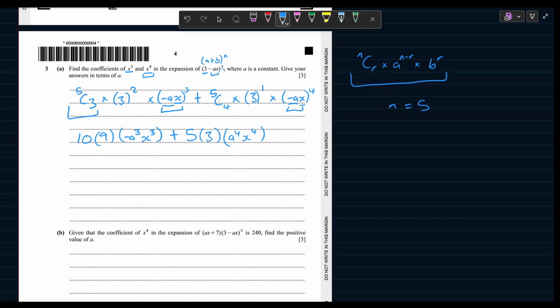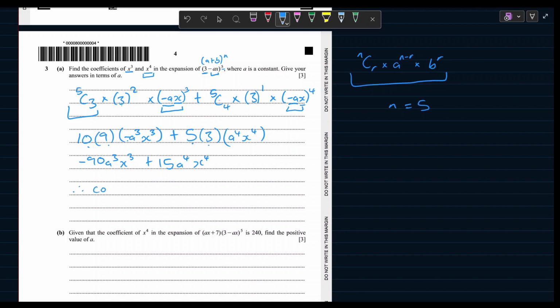And so let's simplify. 10 times 9, that's 90. We've got a negative sign here, so I'll put it here. A cubed, x cubed. And then 5 times 3, that's 15. A to the 4, x to the 4. Alright, so now we can conclude that.